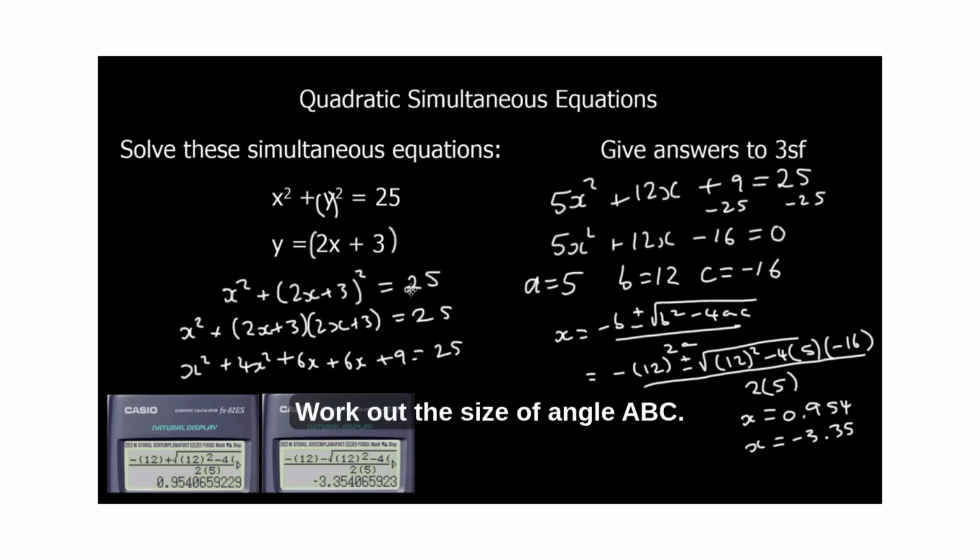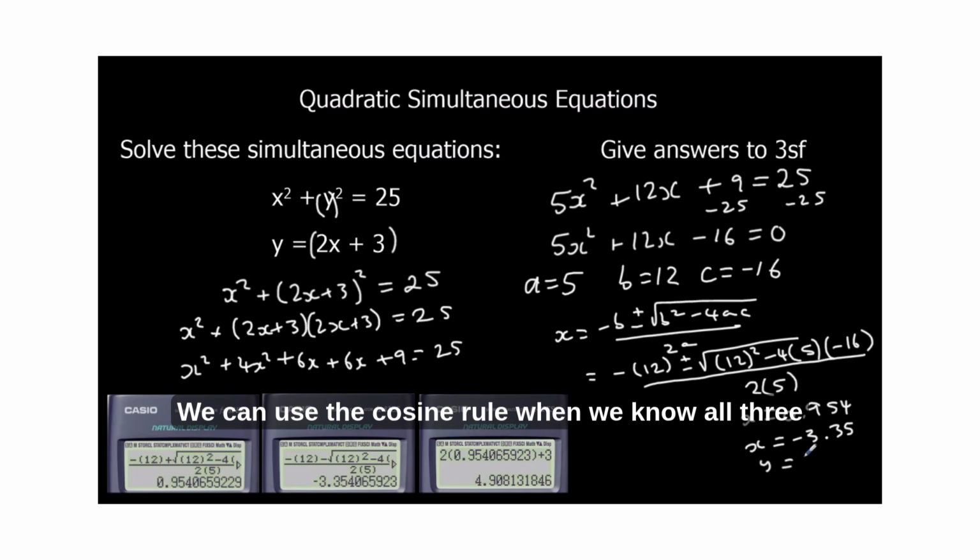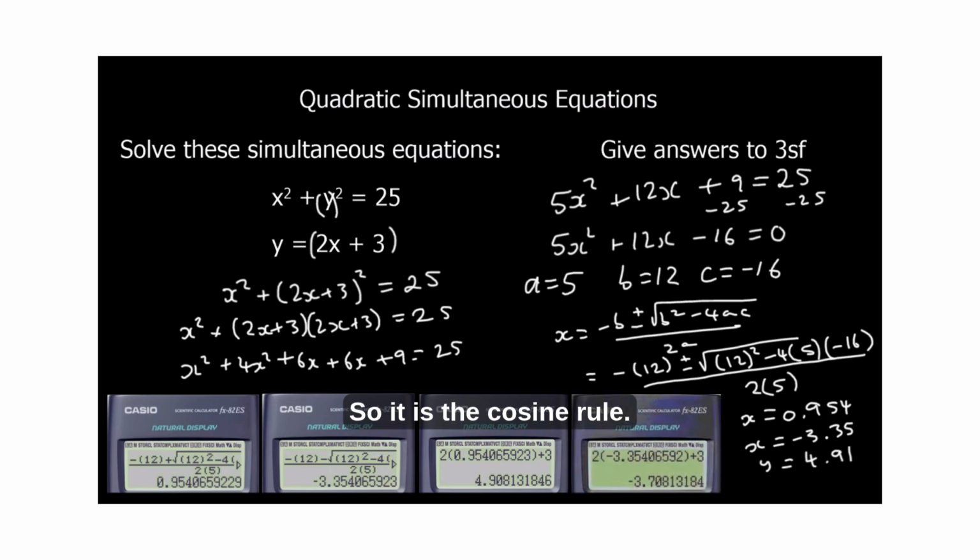So to find the y values, we have 2 of these plus 3, or 2 of these plus 3. So I'm going to use the calculator again. So for the first one, y equals 4.91, and for the second one, y equals minus 3.71.